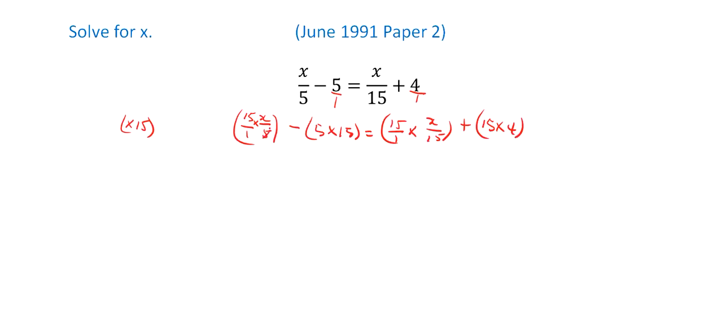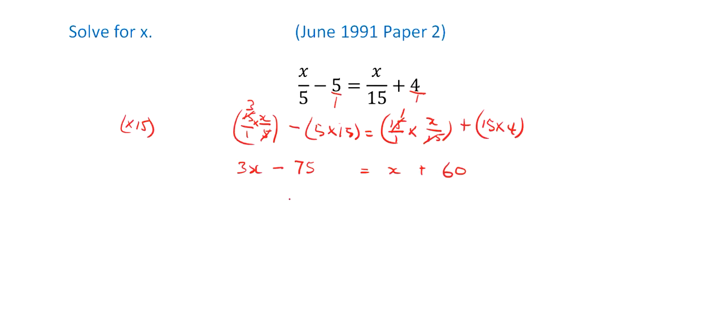Right? So 5 into 15 is 3, so we end up with 3x. 5 multiplied by 15 will give me 5 5s are 25. That gives me 75 is equal to 15 into 15 is 1, so we're going to put x on the side, and plus 15 by 4, which is 60.